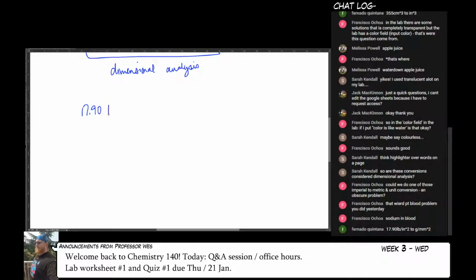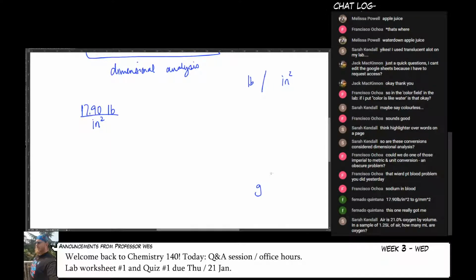17.90 pounds. That doesn't really look like a 7, does it? Per square inch. So I have pounds per square inch, and I want grams per square millimeter.